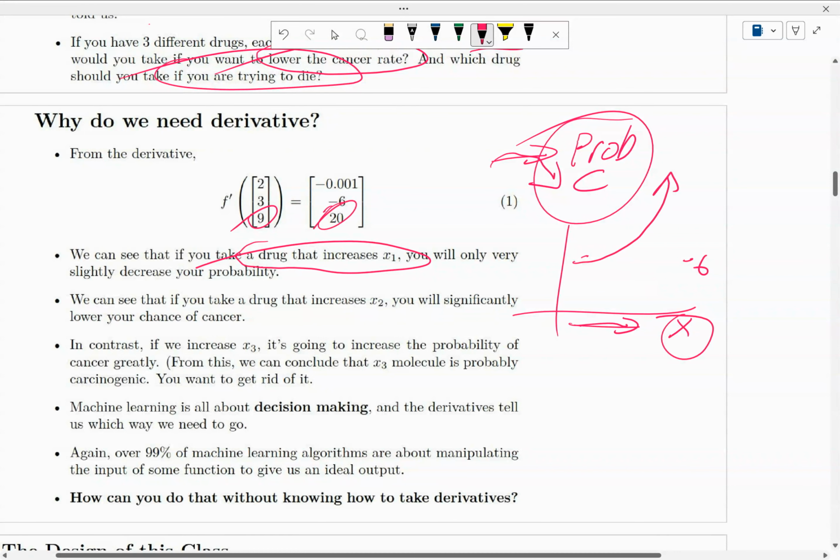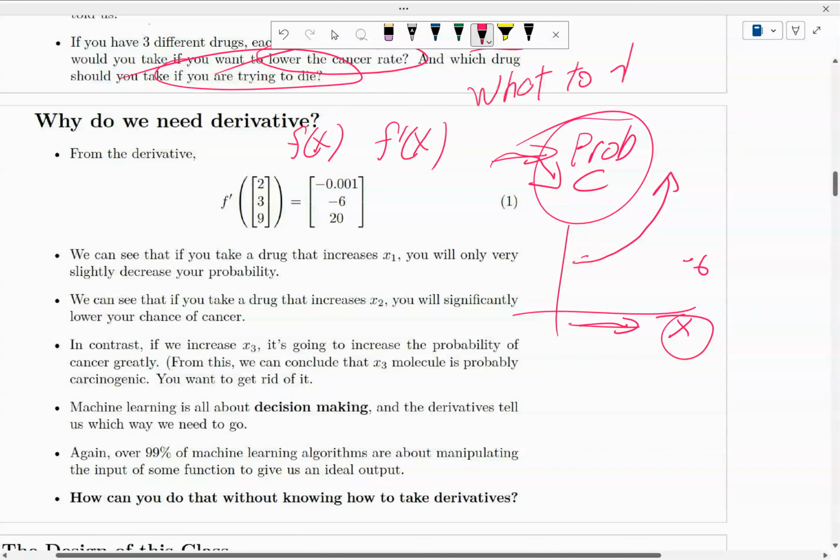From here, I hope you can see that while the function itself tells us the probability, the derivative of the function tells us what to do.